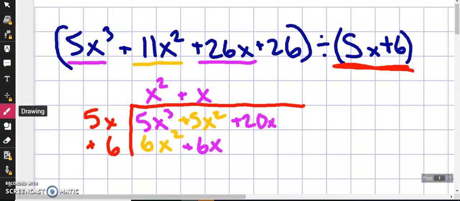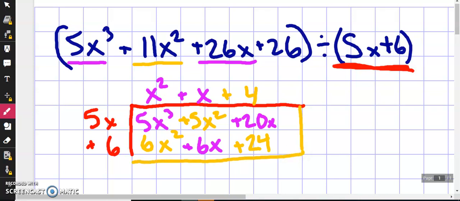So if I compare 5x with 20x, I need to multiply by a 4, because 4 times 5 gives me 20. And then finally, 6 times 4 gives me 24. And now I'm all out of x's, so my box is complete.